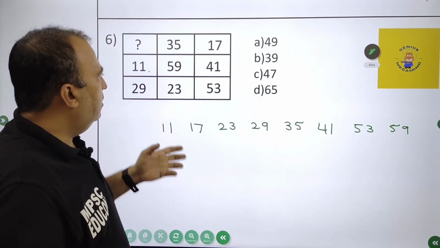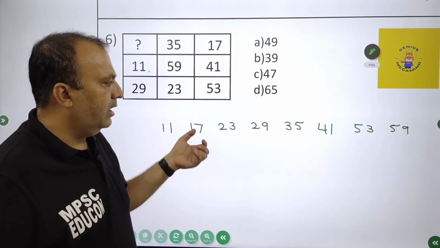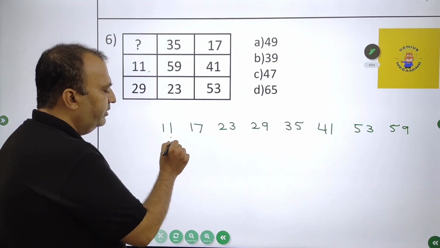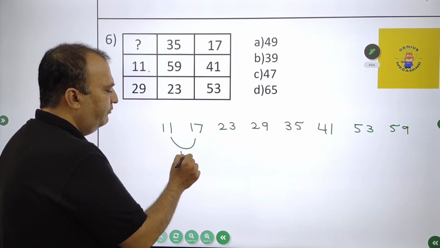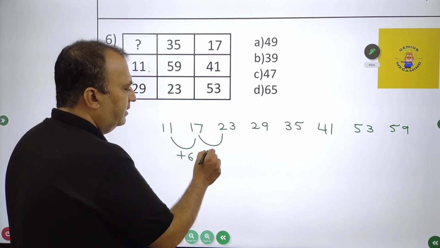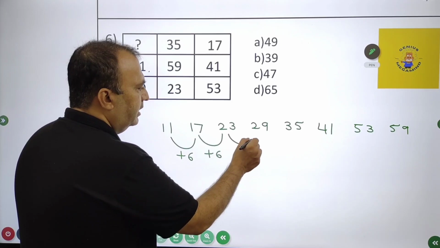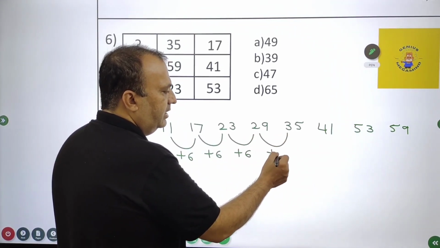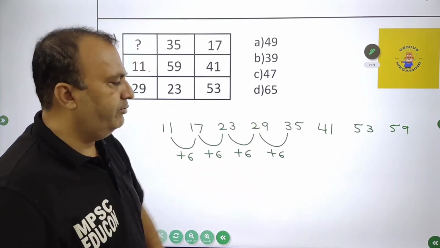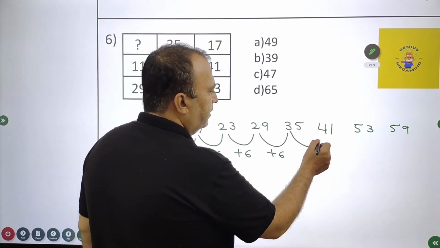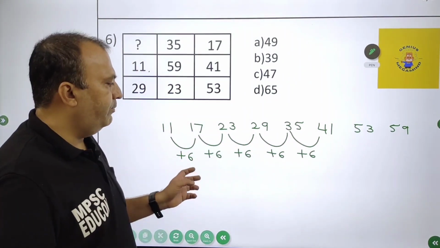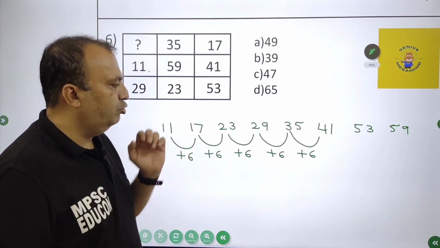Now the number at the place of question mark is going to appear somewhere in the middle. So first of all, dealing with the numbers very carefully, the difference is plus 6. Then again the difference is plus 6. Then again plus 6. Then the difference again is plus 6. Between 35 and 29 is plus 6. Then the difference is plus 6. So there's an increase of plus 6 between every two numbers.